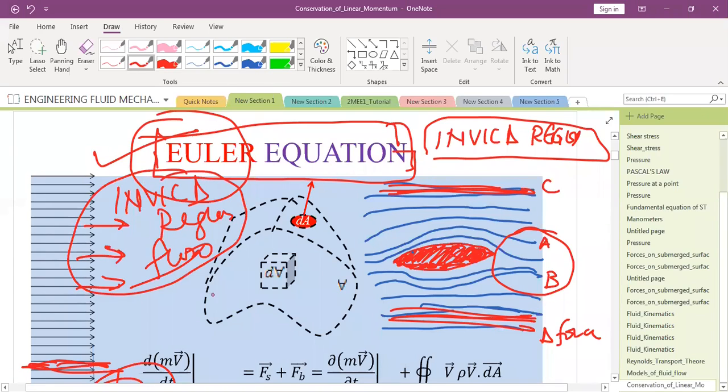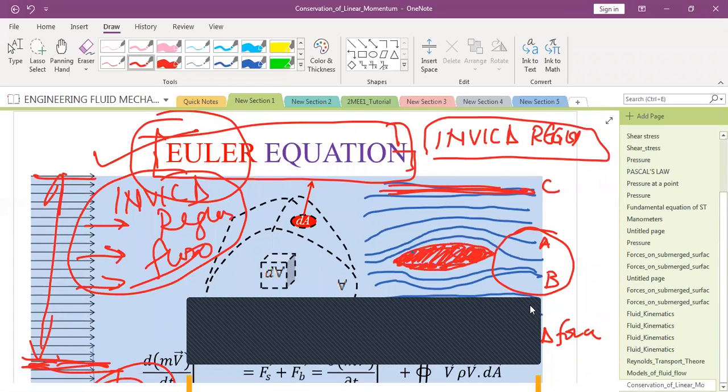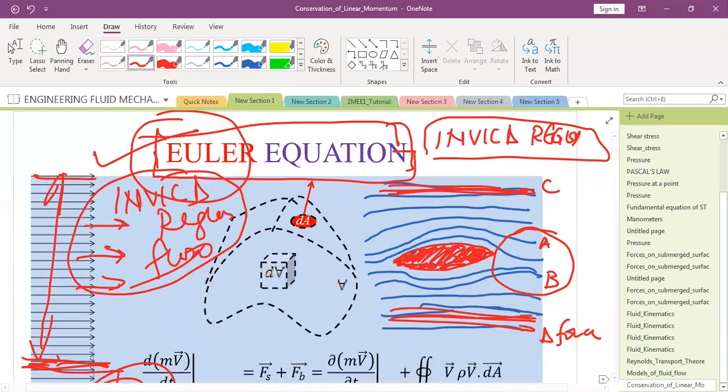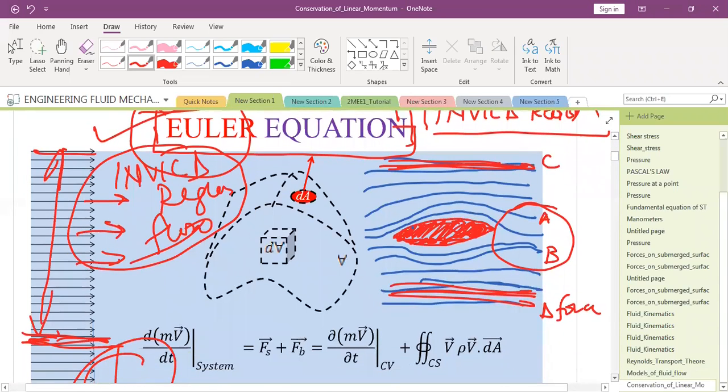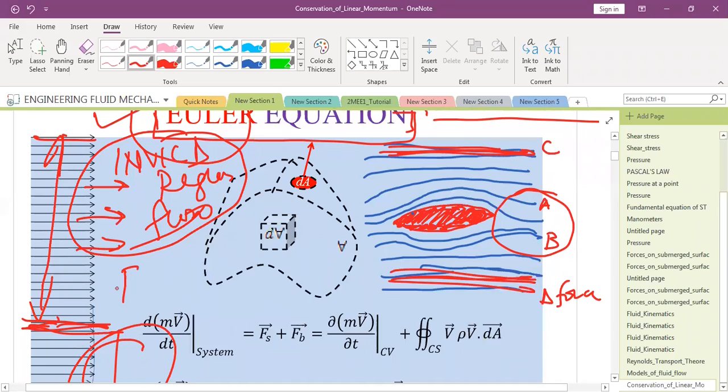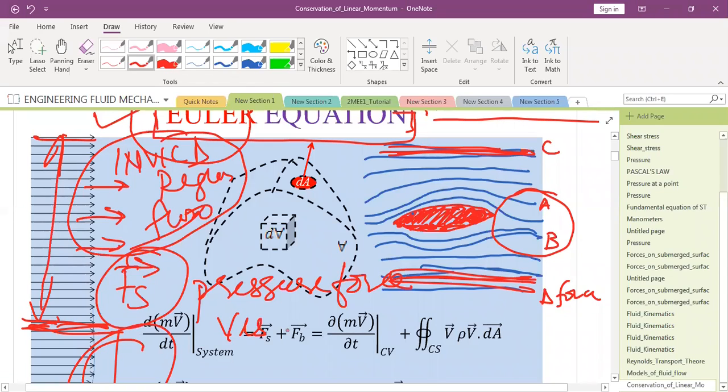That's why I have shifted this control volume to a region in which there is no variation in velocity. Are you clear? Any doubts? So now in this case, the surface force will only be pressure force, and you will not have any viscous force. But please remember, it does not mean viscous force is zero.